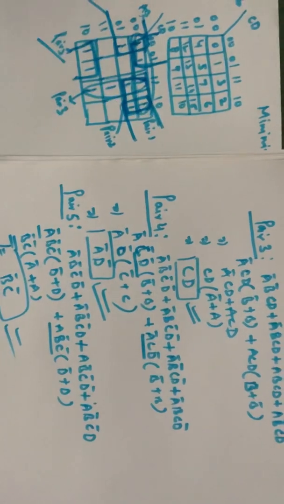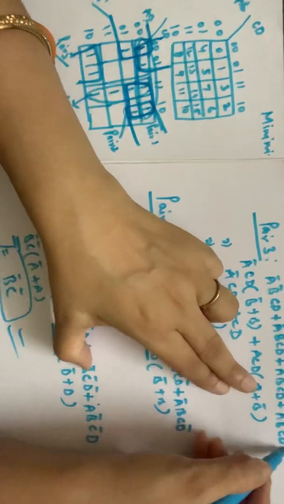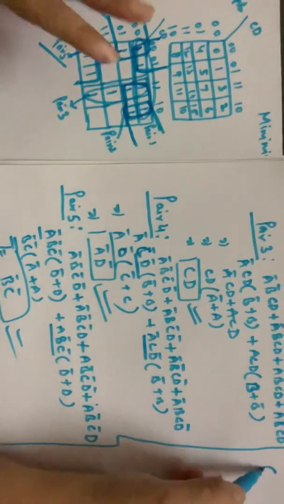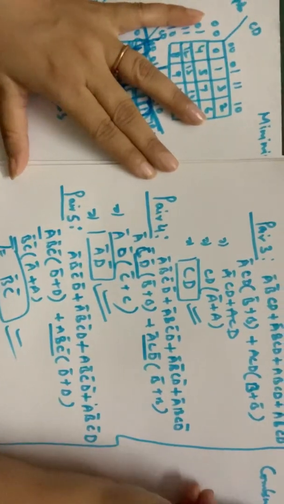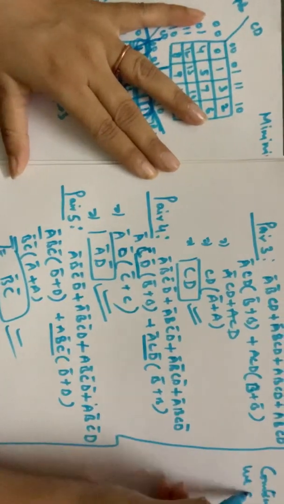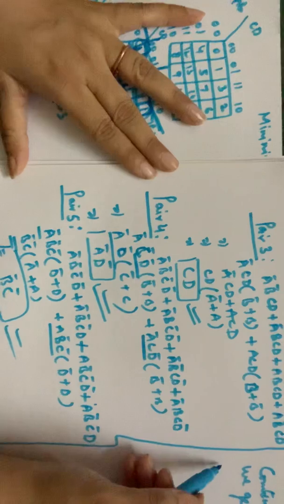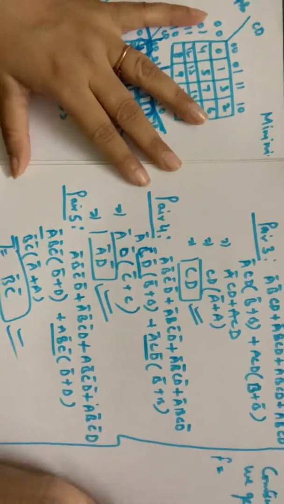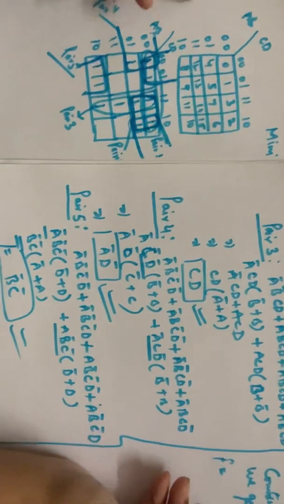Now what are we going to do? Now we are going to combine all pairs. Any variable you can take as the function and show the values.